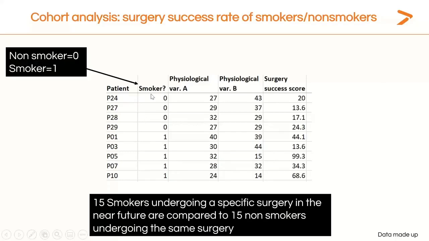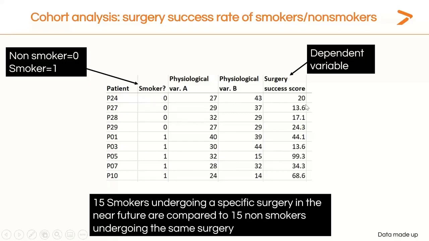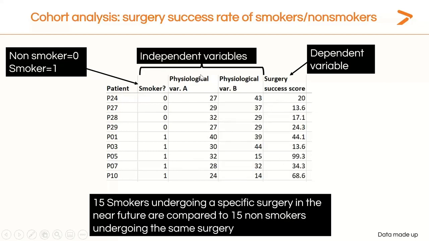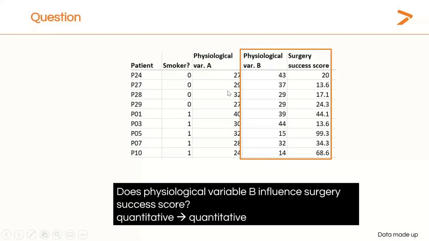So once again, we have a dependent variable or a clinical outcome, which is surgery success score, and you have independent variables: smoker, physiological variables. The question we ask: does physiological variable B influence surgery success score?